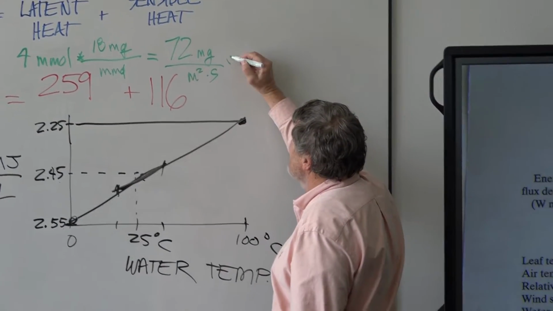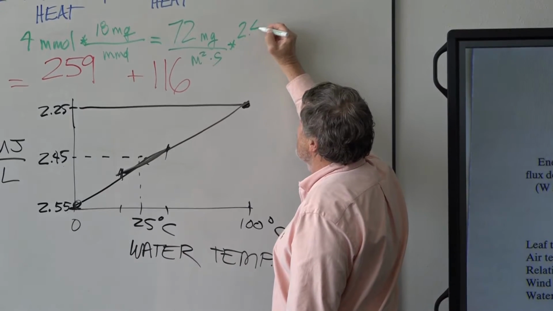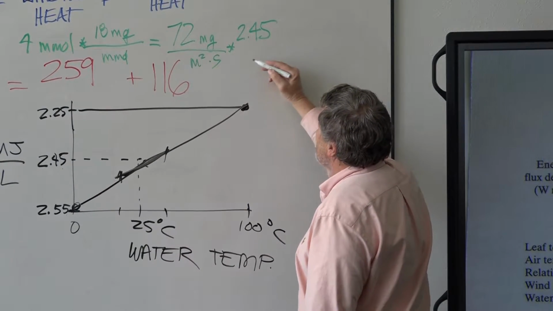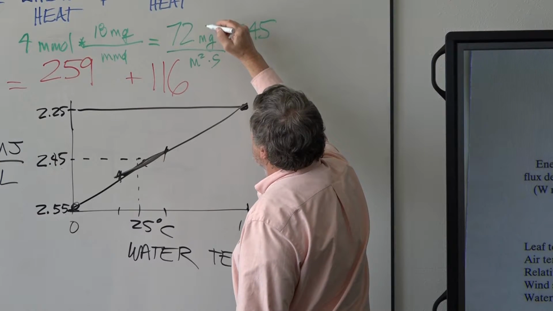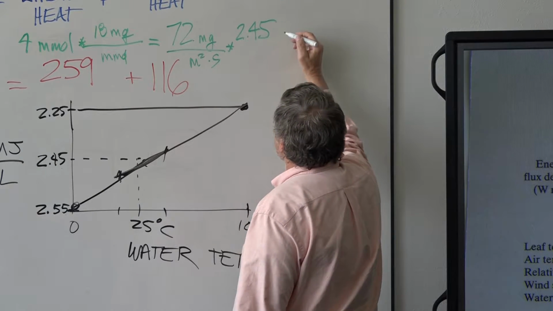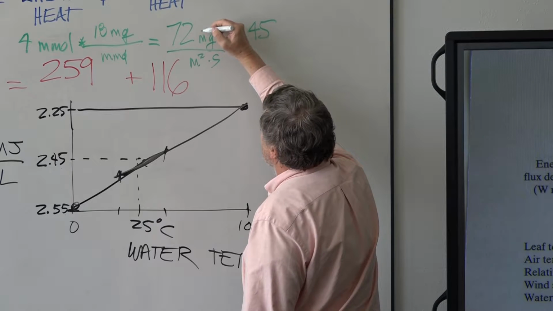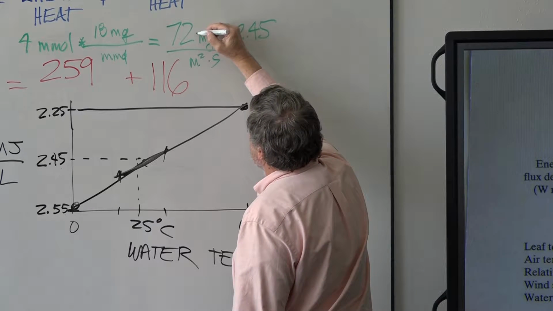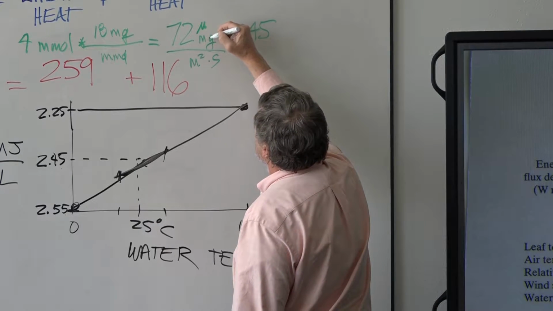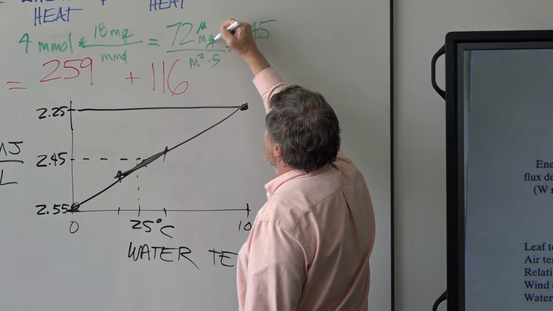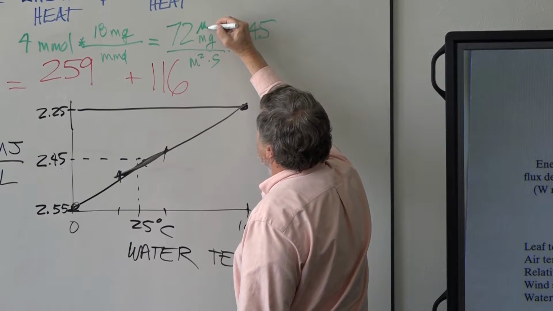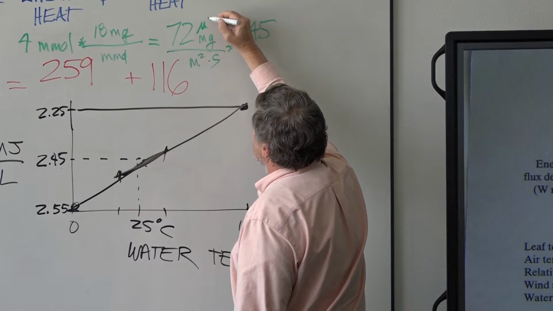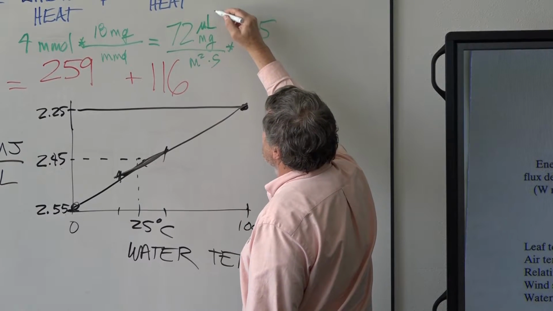Now, times 2.45, and this is a milligram, we're going to have to scale this way down. It's not a milliliter, it's a microliter of water.